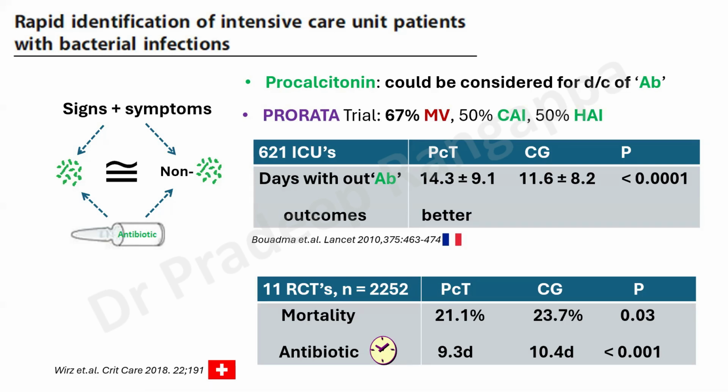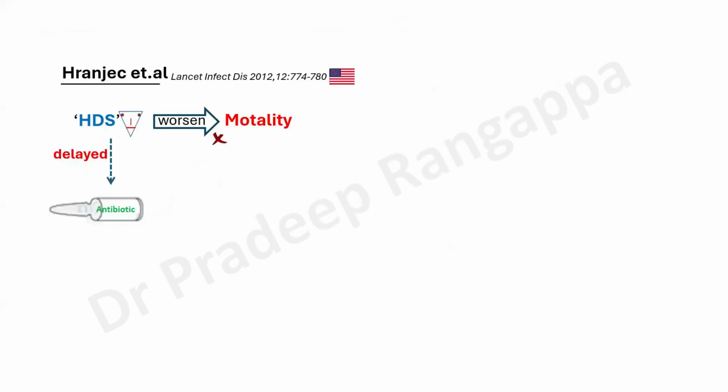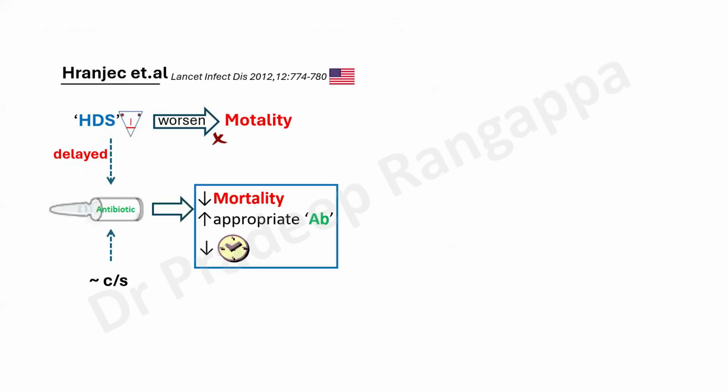So it is very important to appreciate that indiscriminate usage of antibiotics in multi-organ dysfunction where there is no infection can worsen outcome rather than save lives, as reflected by the study from Spain and these procalcitonin studies. And this is another important study which came in Lancet Infectious Diseases by Hanzelka et al., where they showed that in patients who are hemodynamically stable, delayed initiation of antibiotics did not worsen mortality.